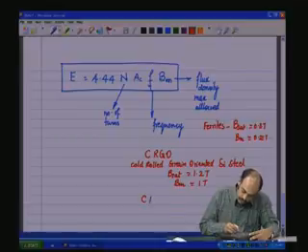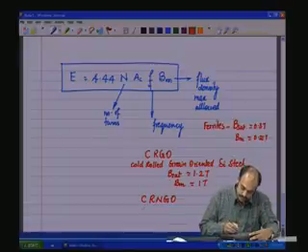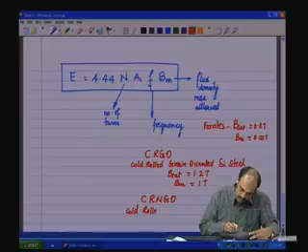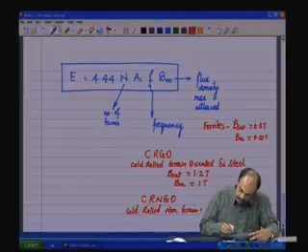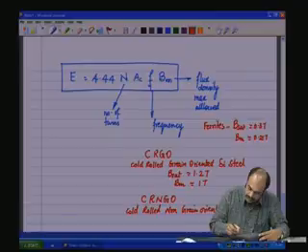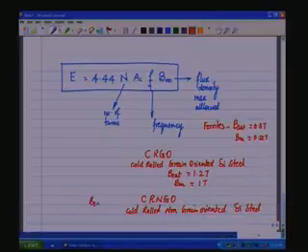For cold rolled non grain oriented, CRNGO, silicon steel, B sat is around 1 Tesla and Bm is normally chosen around 0.8 to 0.9 Tesla.